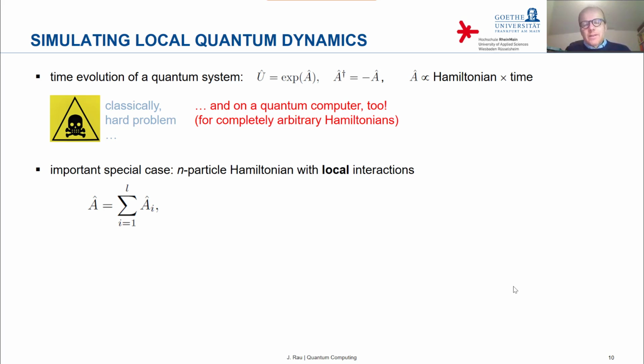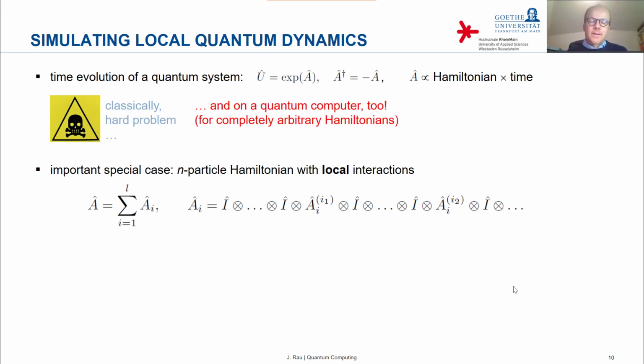So in general, this exponent in your time evolution operator can be written as a sum of various contributions, A_l, and each contribution has a tensor product form, where each factor applies to one of the n particles. So we have n factors. I'm assuming here that we have distinguishable particles.